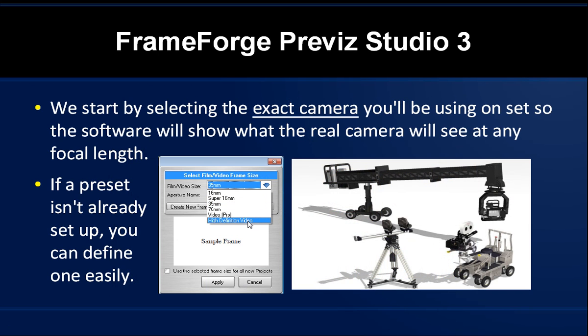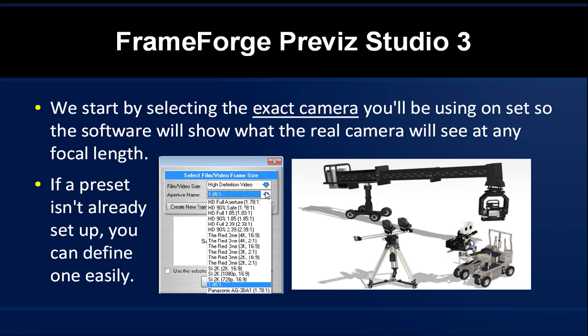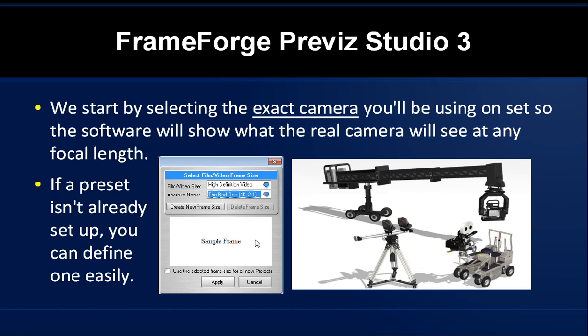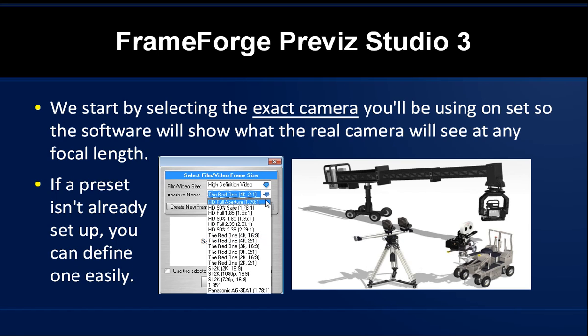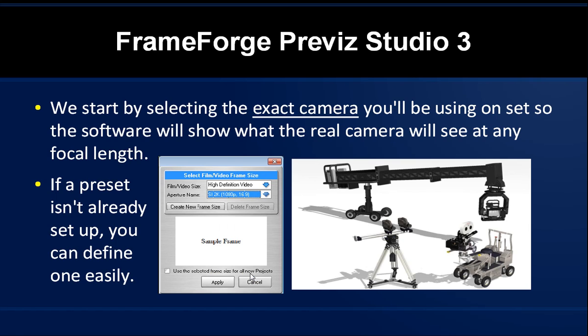In order to start with optically accurate previs, we have to select the camera that we're using and the frame size and the aspect ratio. And if it, of course, doesn't have the one you want, you can very easily define the parameters of that camera, and at that point the program will know what it's going to see at any given focal length.